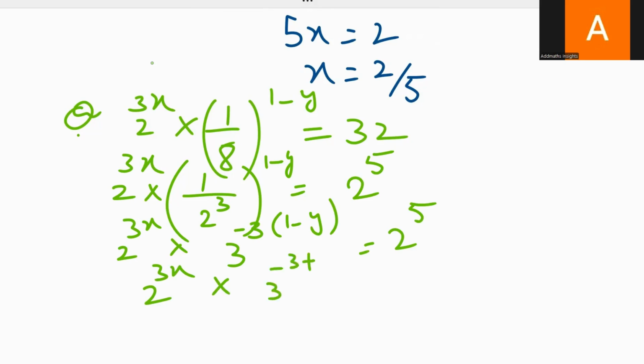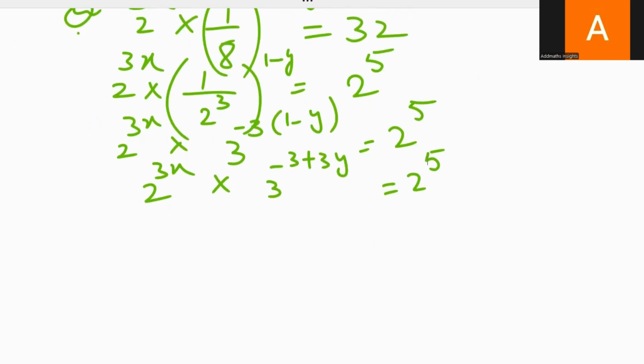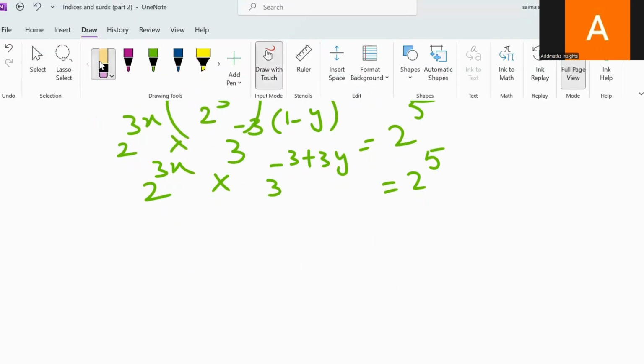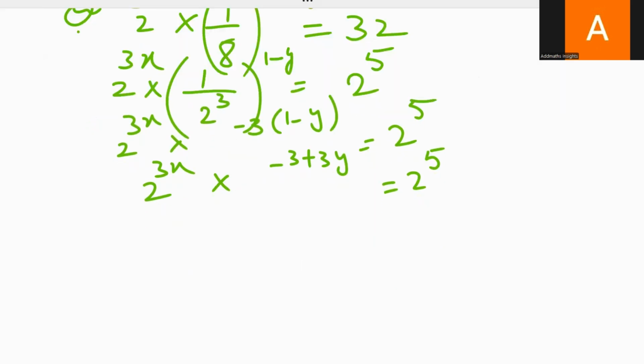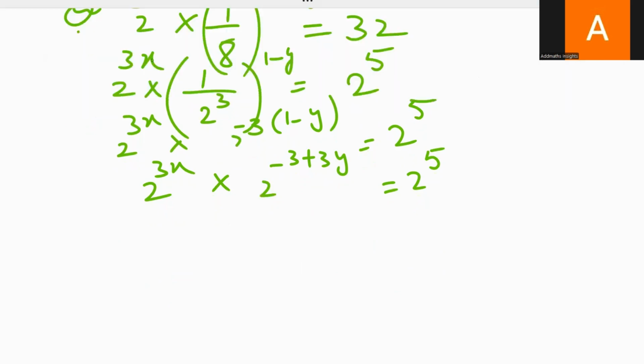Minus 3 plus 3y. There is the multiplication sign, so you add indices.